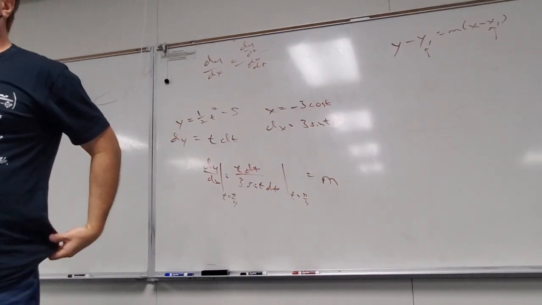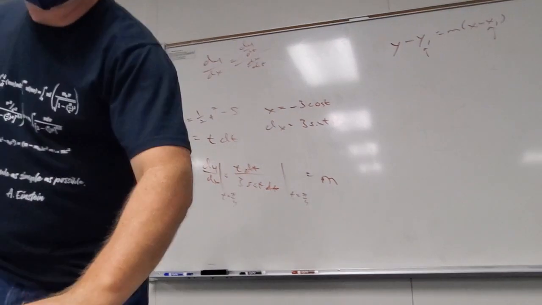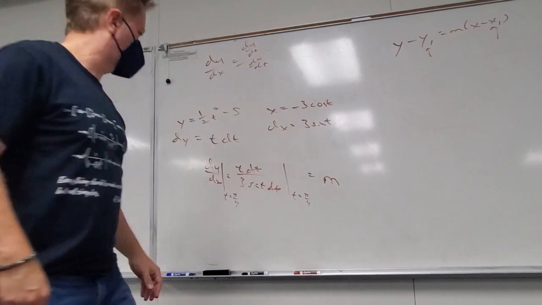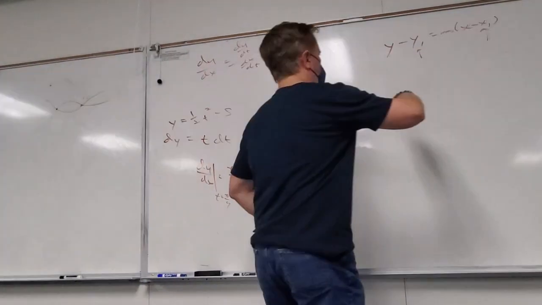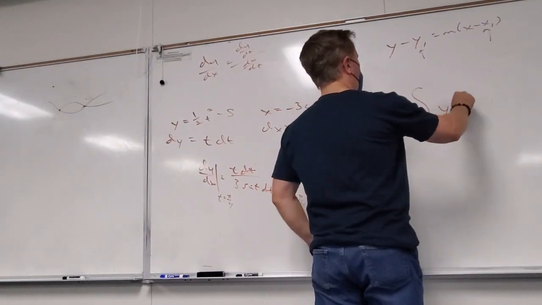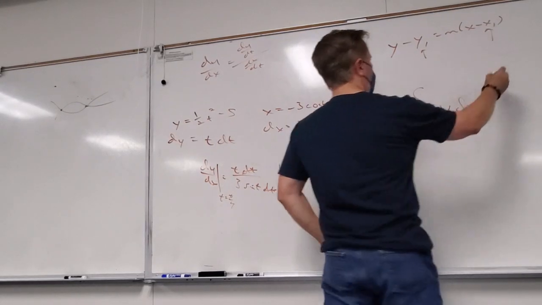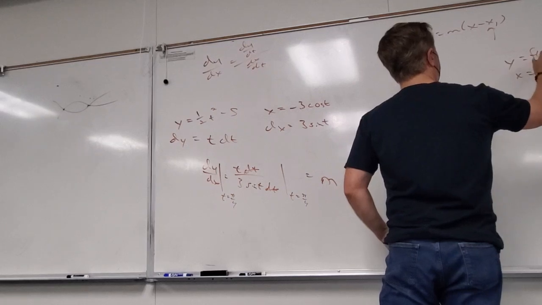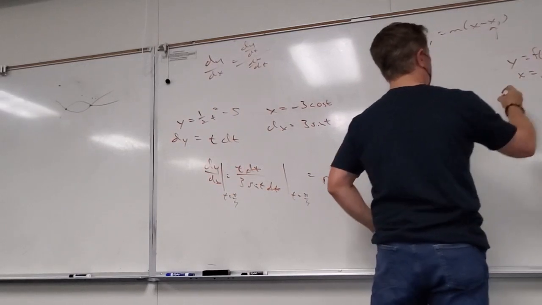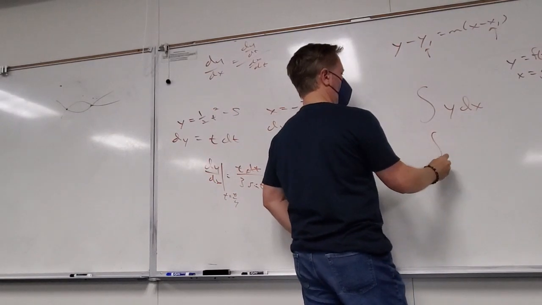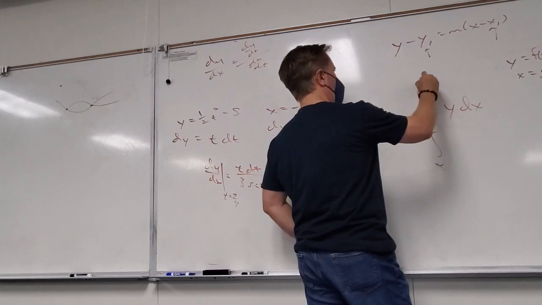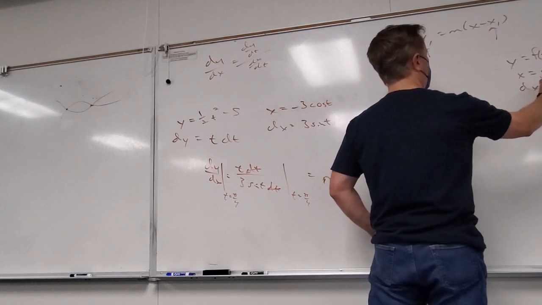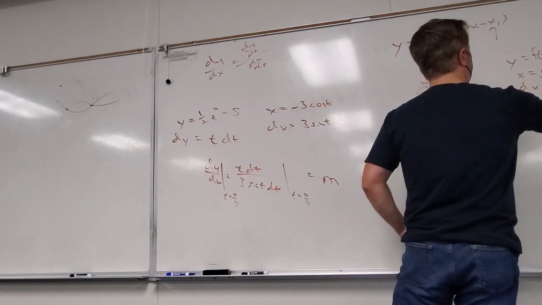We do have the integral stuff. I don't think I put an integral parametric on here. But do you guys remember how to do an integral parametric style? If y is a function of t and x is a function of t, this would be the integral from alpha to beta of the function of t times dx, which would be g prime of t dt.